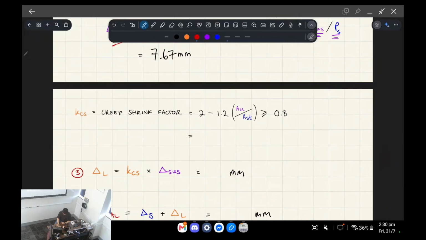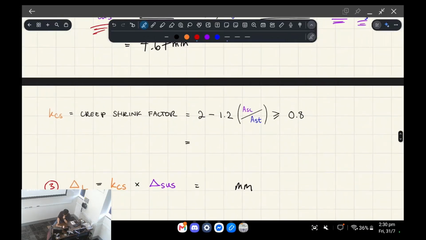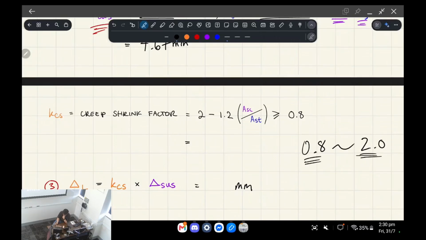Okay, so creep shrink factor. This is basically a multiplier, and it's based on how much compressive reinforcement you have relative to your tensile reinforcement. So this number can range between 0.8 and 2. Okay, so these are the lower and upper bounds. And the idea is if you have no compressive steel, then your KCS factor is going to be 2.